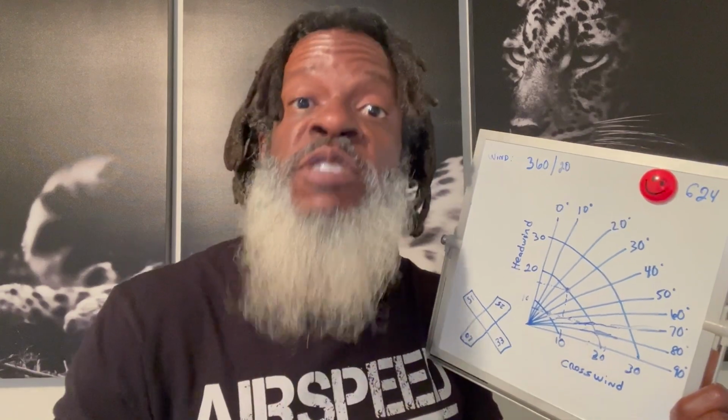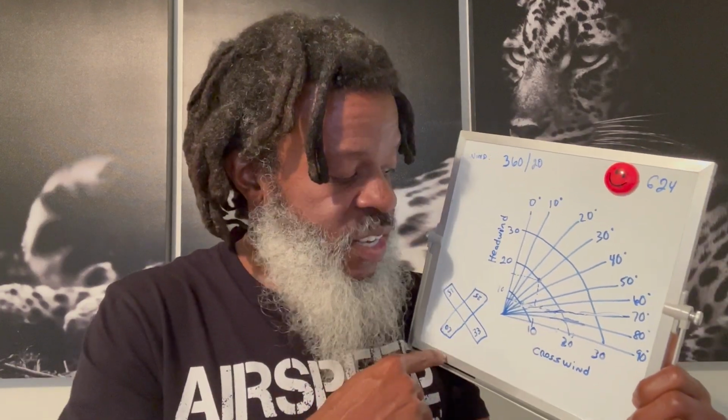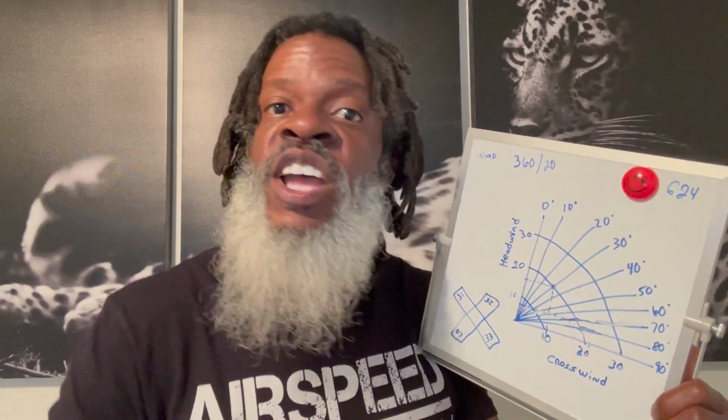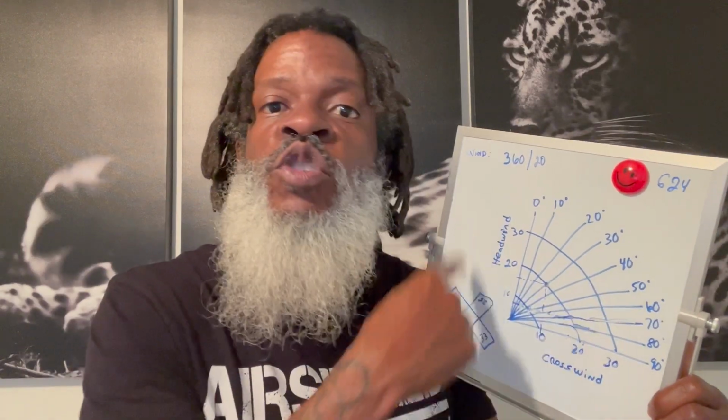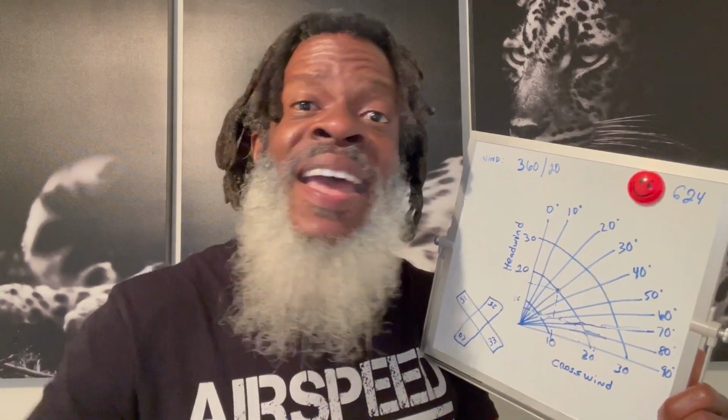If you're given the option by tower to land on either runway 7 or runway 33, you've already done your calculations prior to coming in. You already know that landing on runway 33 is going to benefit you even more. This is how you valuably use this information to your advantage as a pilot. Nice, quick calculations can go a long way to keeping you safe and landing that thing nice and soft.